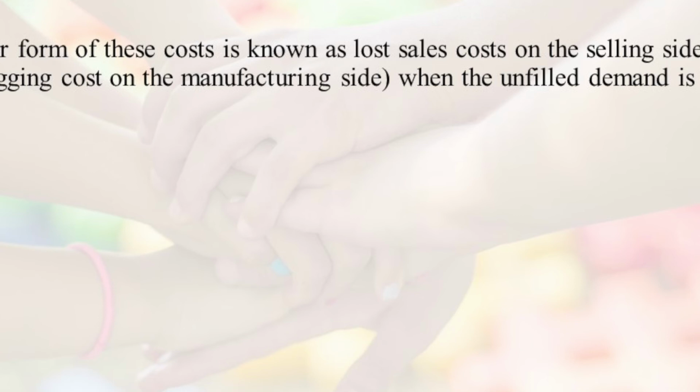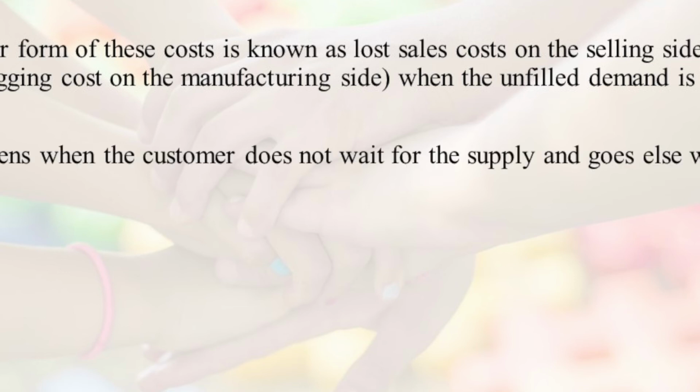This cost is sometimes also called a lost sales cost. When we say backlog cost, that means the customer is ready to wait. If the customer does not wait, then it is called lost sales because the customer has gone somewhere else for that particular product.